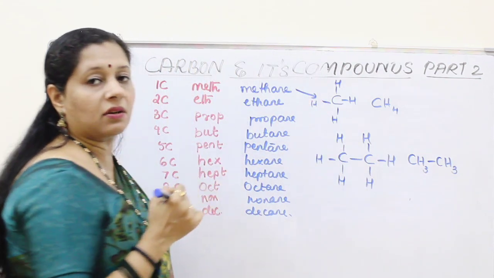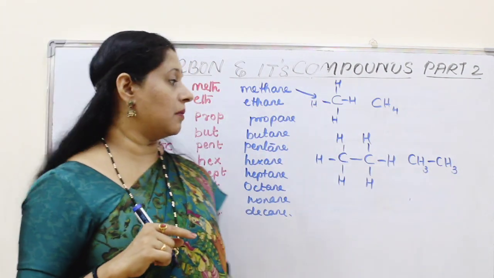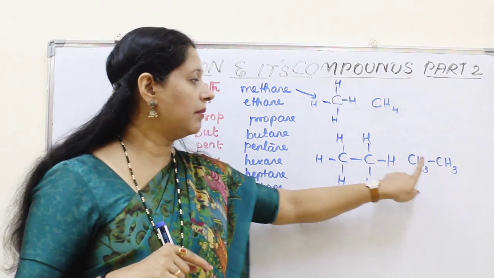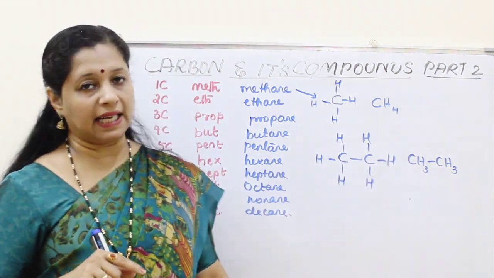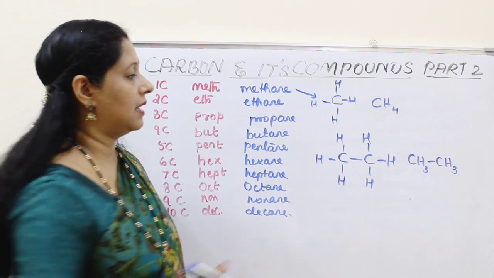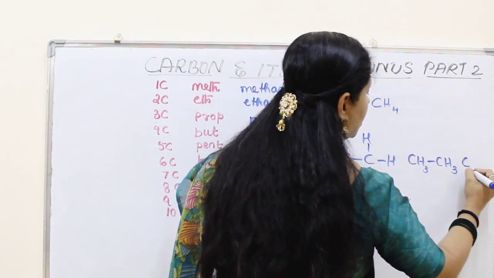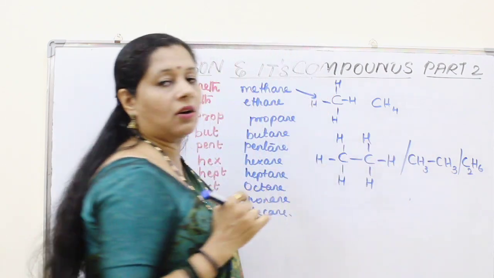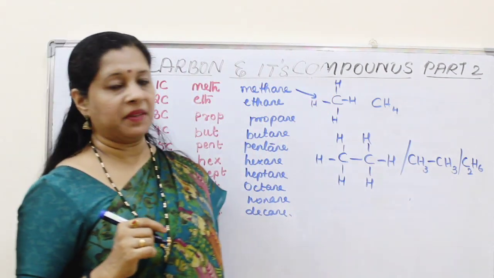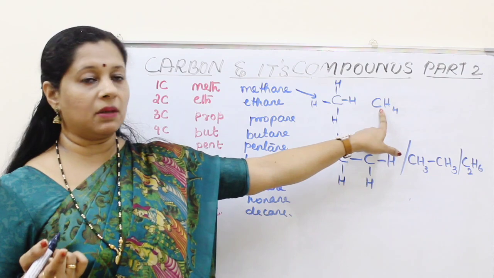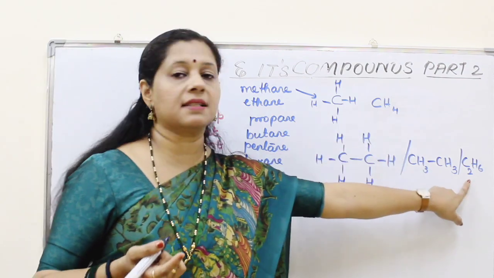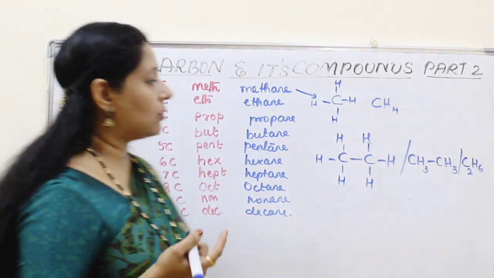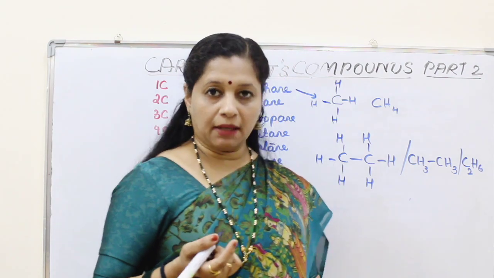This way of writing is called a condensed structural formula. It is like the structural formula only, but we are not showing the details of the valencies, so we are condensing it. But when we write it totally as C2H6, that is called a molecular formula. For methane the condensed and molecular formula were the same, but here this is condensed and this is the molecular formula. So CnH2n plus 2.